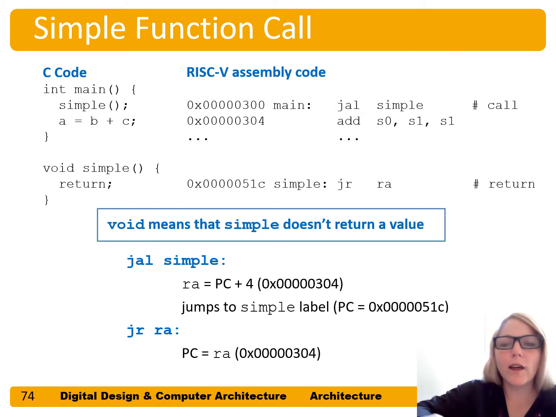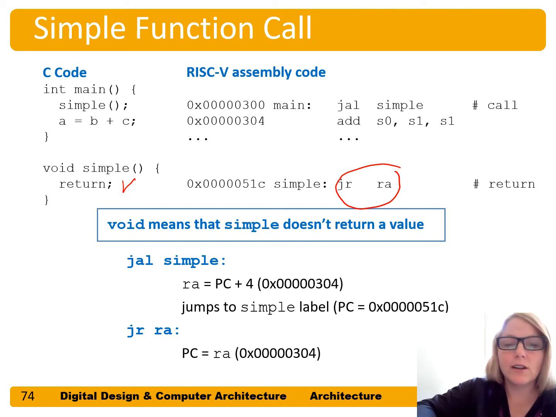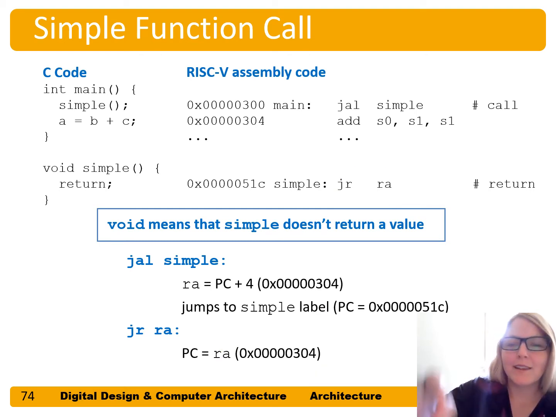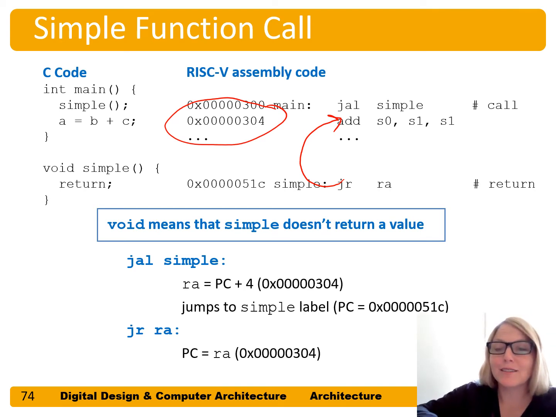It does that so that when it returns, this return in the high-level code is executed by executing the jump register instruction. JR, jump register, jumps to a value held in RA. And we know what value that is. That value is hex 304. That's the address, hex 304, so it jumps to the instruction at that address.